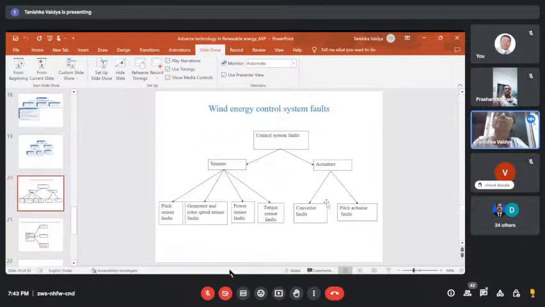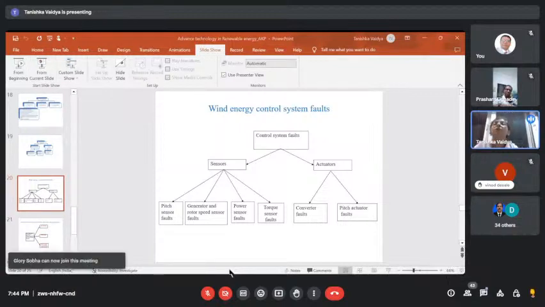So basically, the fault tolerant control system should work more efficiently on these control system faults, where the sensors, majorly pitch sensor, generator and rotor speed sensor, power sensor, torque sensor, and in actuators, converter faults and pitch actuator faults. So the fault tolerant control system works on these various types of faults.